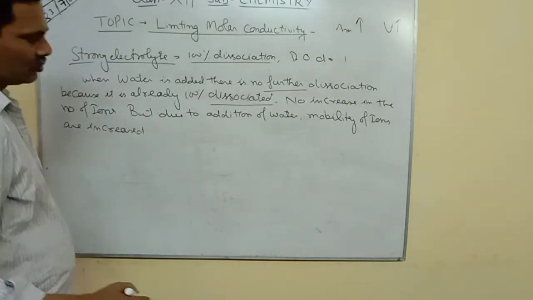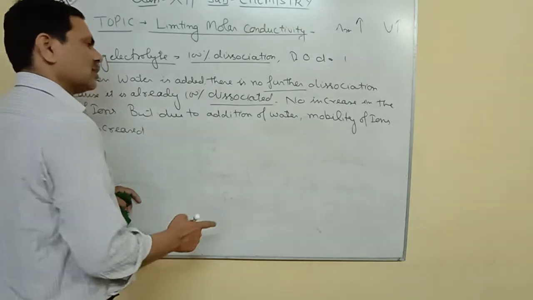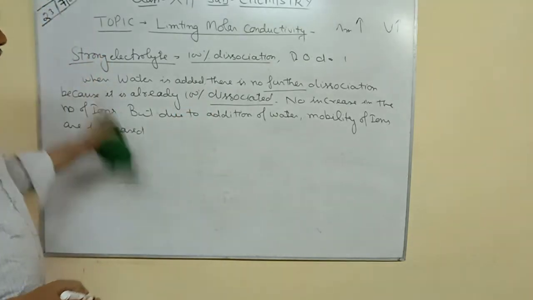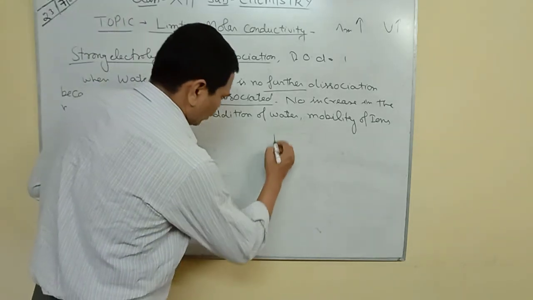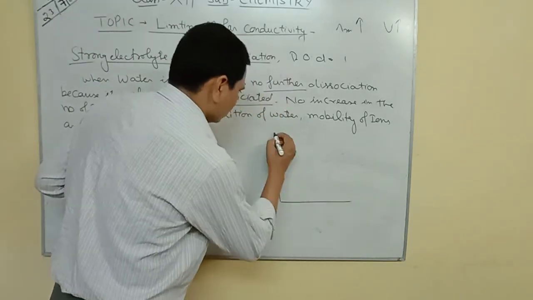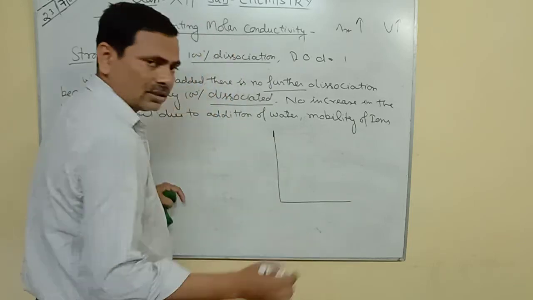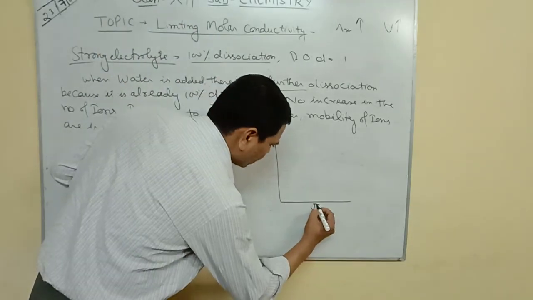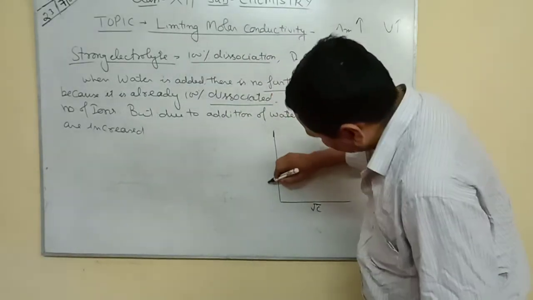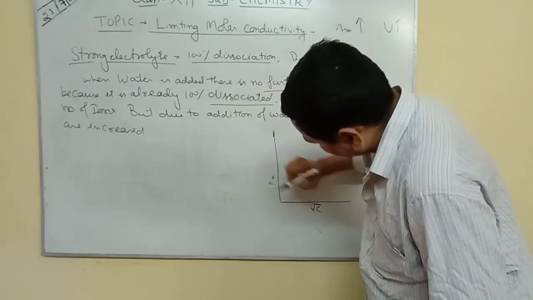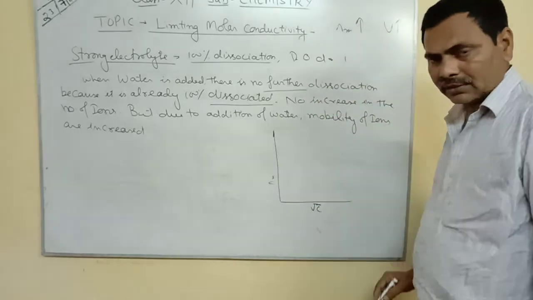In this way, when we take the molar conductivity for the strong electrolyte, suppose we draw the graph between the square root of the concentration on the x-axis and molar conductivity on the y-axis. What will happen?